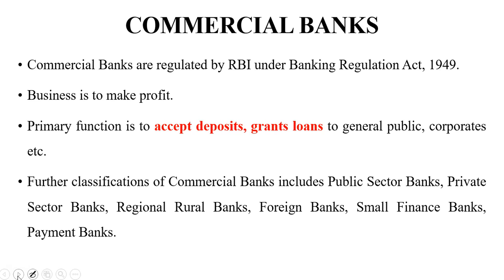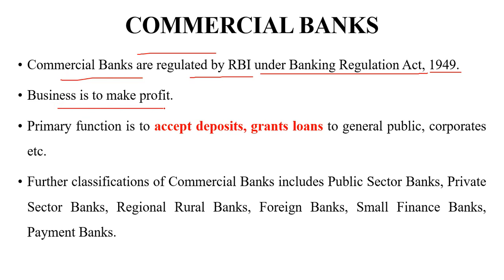Scheduled banks are further classified into two types, that is commercial banks and cooperative banks. First we'll see the commercial banks. Commercial banks are regulated by RBI under the Banking Regulation Act 1934. The main objective of a commercial bank is to make profit.